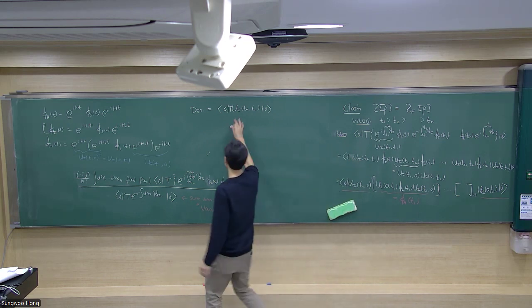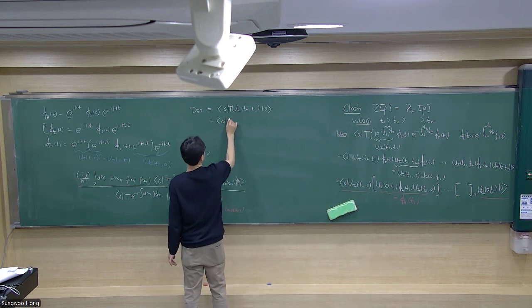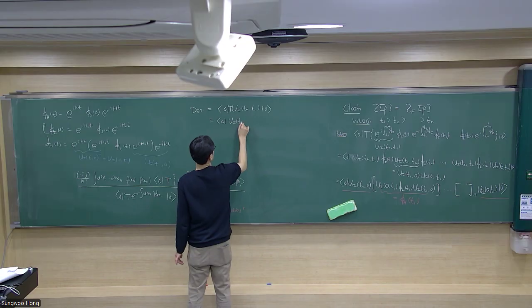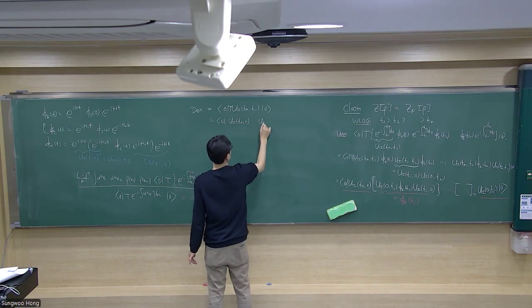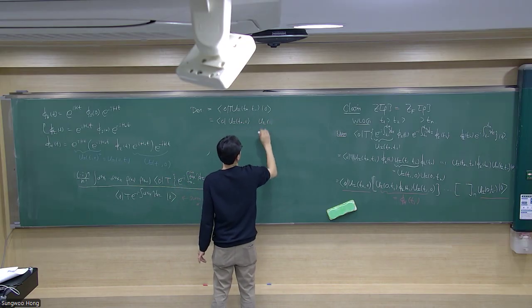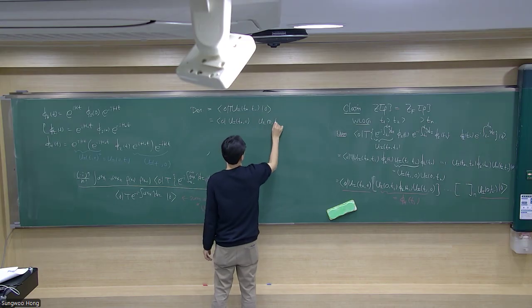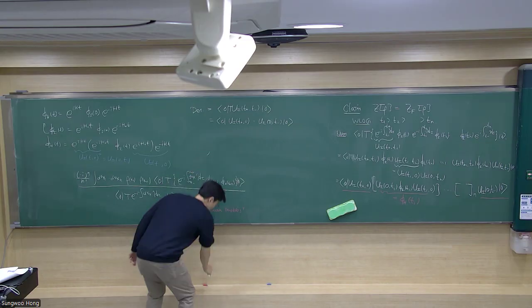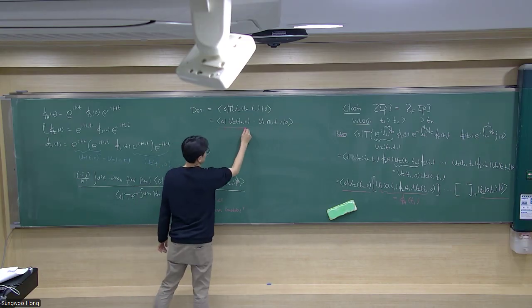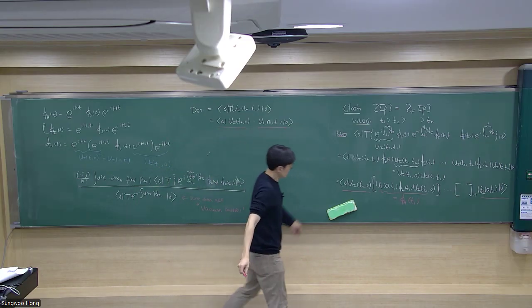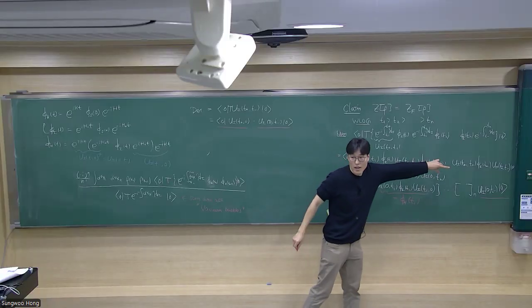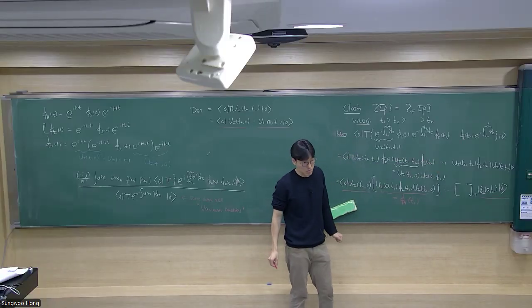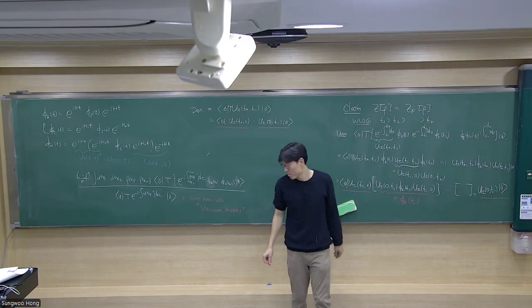Again, this can be written as U_I of t plus to 0, U_I of 0 to t minus. So that's the denominator. You see that the denominator also has this factor, which the numerator also has, other than the time ordering of Heisenberg picture operators. Those are common factors.